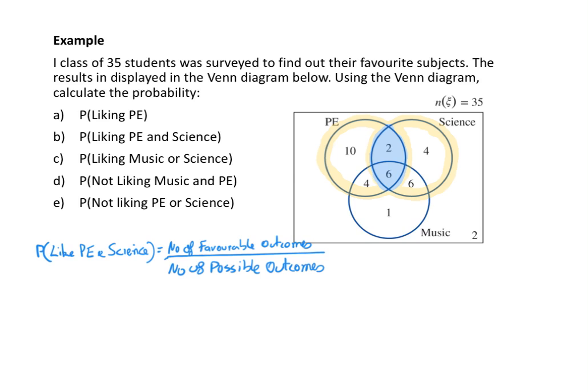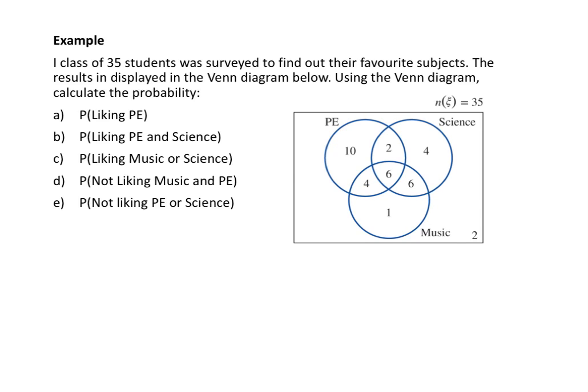So now I can go back and work out my probability. My number of favourable outcomes is going to be 2 plus 6 over my possible outcomes, which was 35. So that equals 8 over 35. So the probability of a student liking PE and science is going to be 8 over 35.